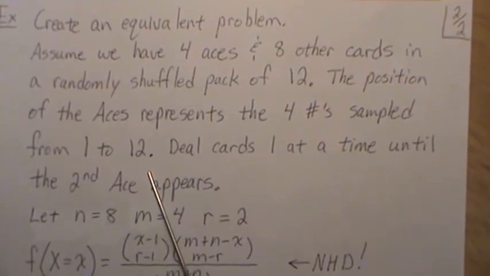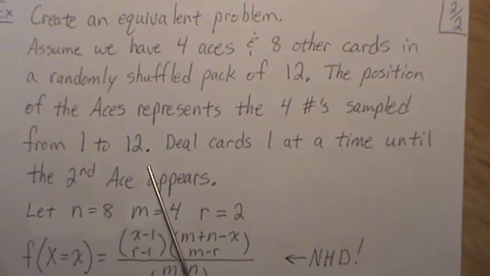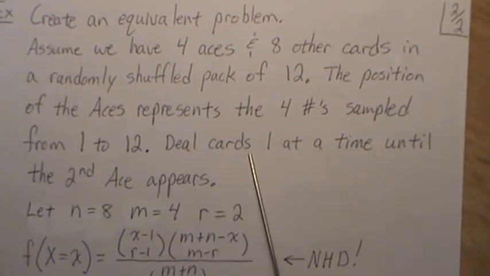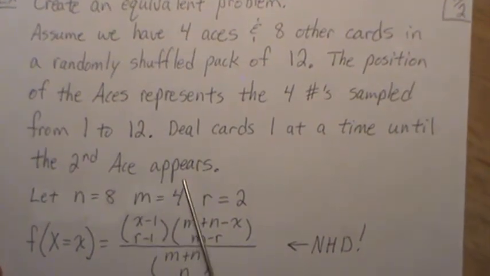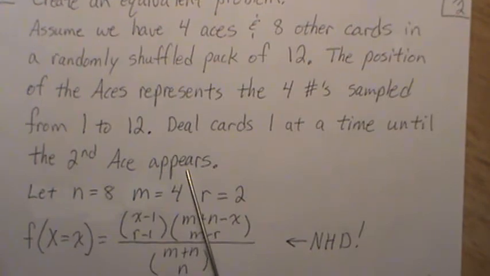If we have a shuffled deck, the aces could be at 1, 4, 6, and 11, and those would be the numbers. So we start dealing cards one at a time until the second ace appears, and that position of the second ace is the second smallest number in our sample.